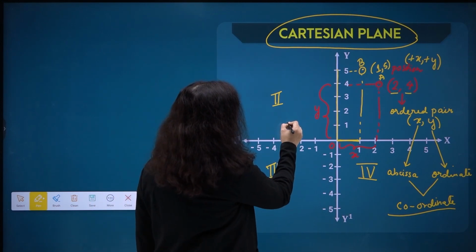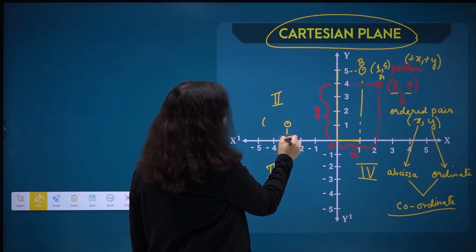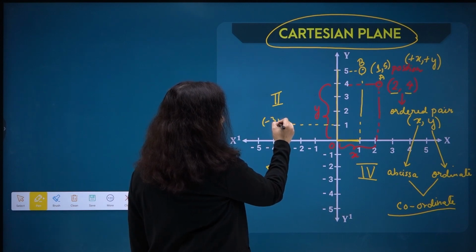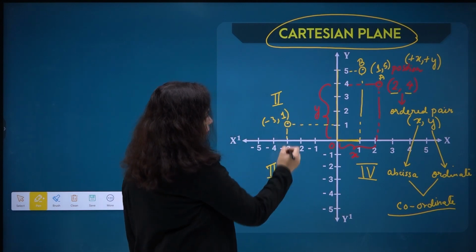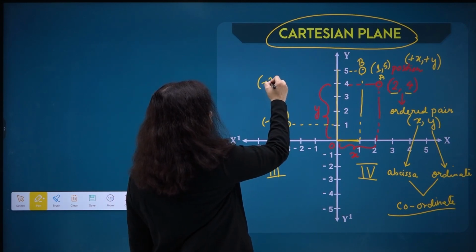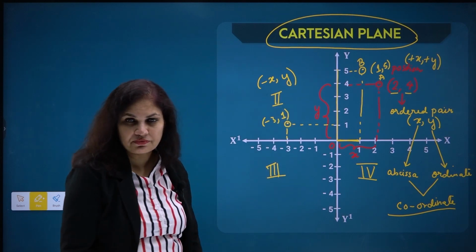In the second quadrant, if I choose any point, the ordered pair will be -3, 1. So what do we see here? In the second quadrant, the value of x is negative and the value of y is positive.